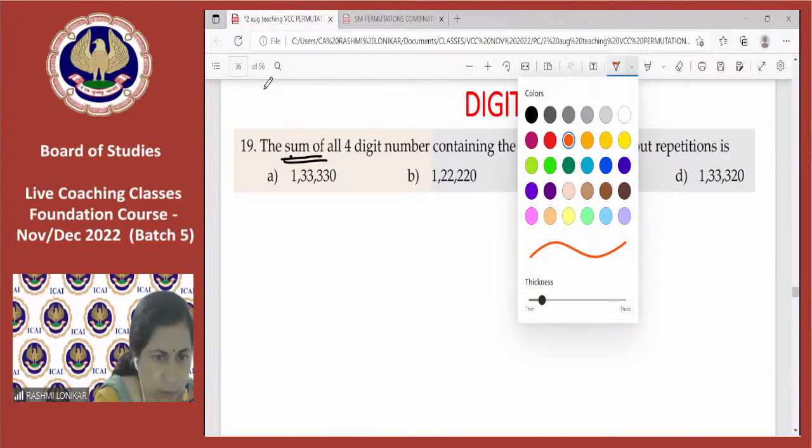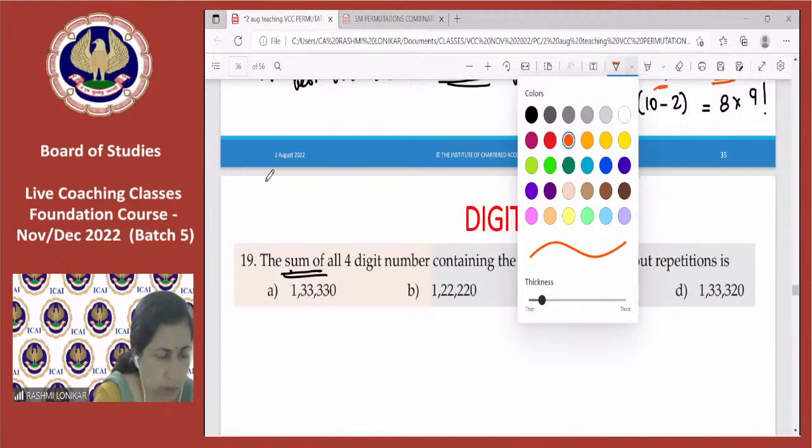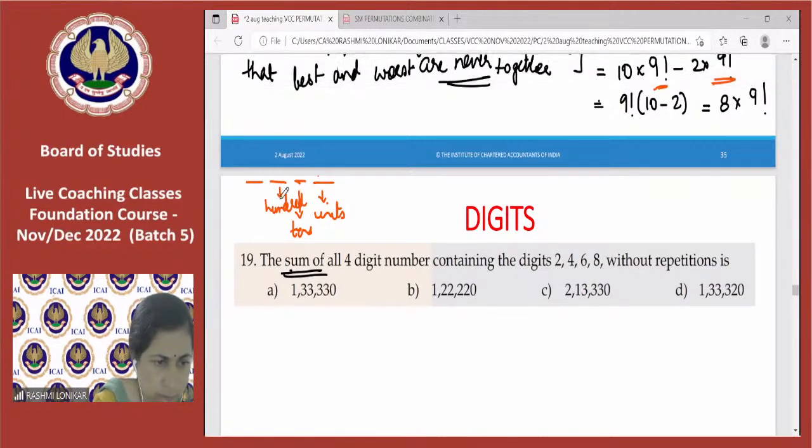This is my 1, 2, 3, and 4. This is my 4-digit number. This is called as units place. This is called as the tens place. This is called as the hundreds place, and this is called as the thousand place, right?